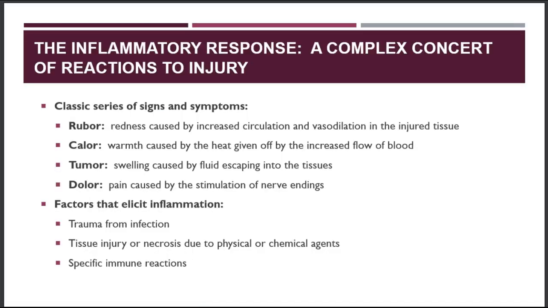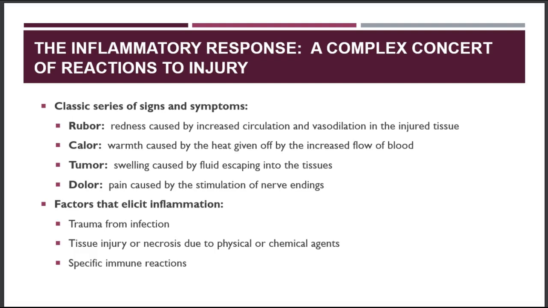So the next thing we're going to talk about is the inflammatory response. And the inflammatory response includes a number of steps that we'll go through. And there are a number of classic signs and symptoms that are associated with the inflammatory response. So the first is rubor.